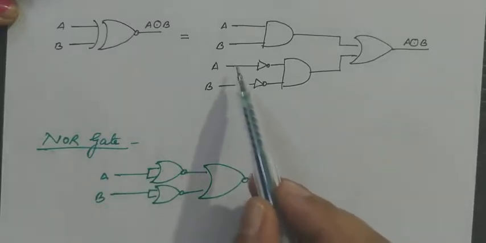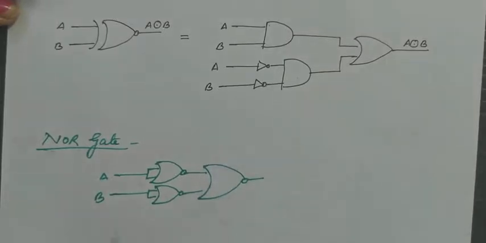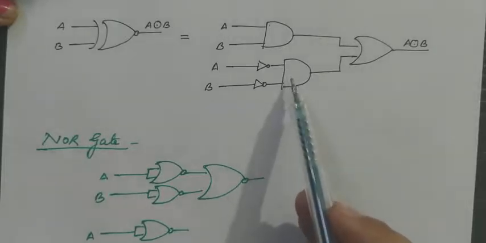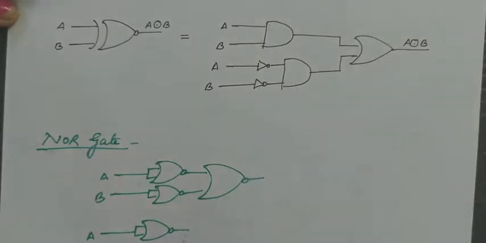Similarly, we have two input lines A and B connected to a NOT. So we'll add A and a NOT of this. Similarly, input line B and NOT. Now these NOT are connected with the AND gate. So again we'll make an AND gate.